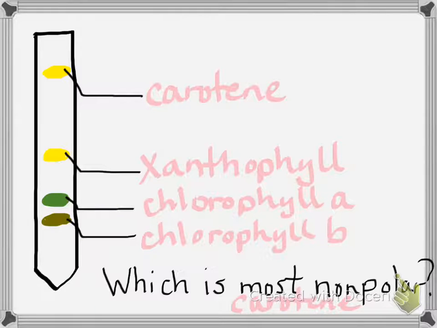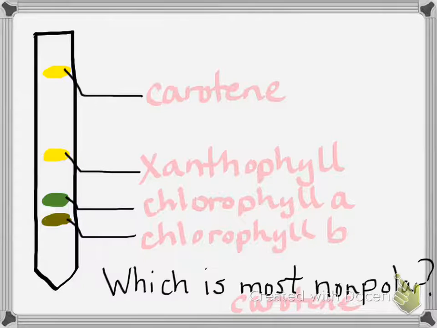Okay, it's a nonpolar solvent. You're trying to get stuff to dissolve in it. If you dissolve the best, wouldn't you go the furthest? If you dissolve the worst, you wouldn't go very far at all. So it's related to the solubility. So if you are not very nonpolar, you're not going to dissolve very well in a nonpolar solvent.